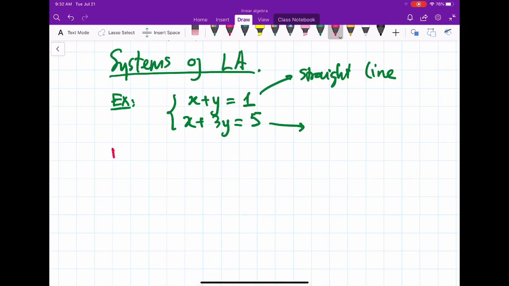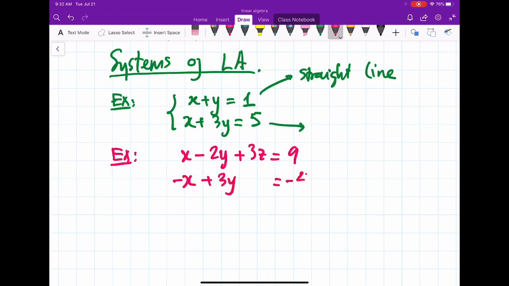Let's consider another example. We have a system of three equations in three variables: x minus 2y plus 3z equal to 9, negative x plus 3y equal to negative 4, and 2x minus 5y plus 6z equal to 10, for example, right?